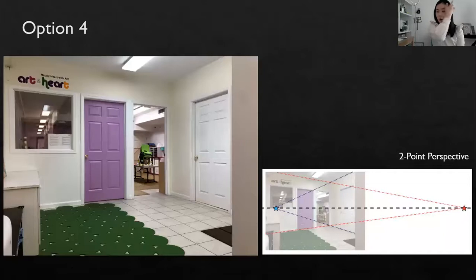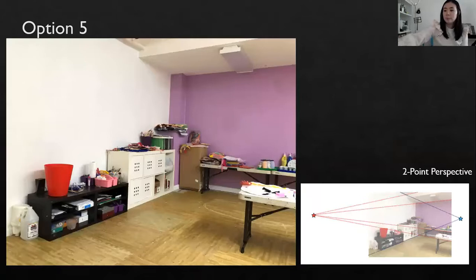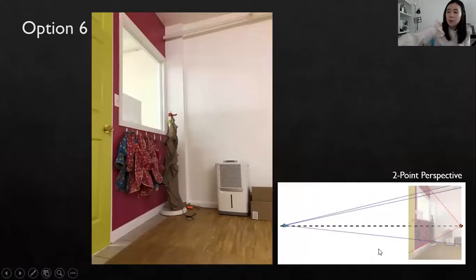And this is the fourth option, 2-point linear perspective. Now see, it has 2 points. And this is the fifth one with the 2-point linear perspective. And here's the sixth one, also a 2-point linear perspective.